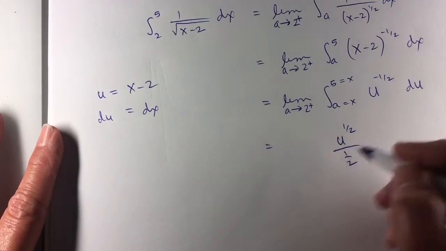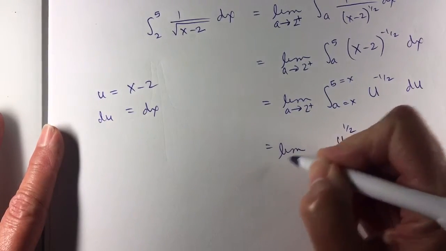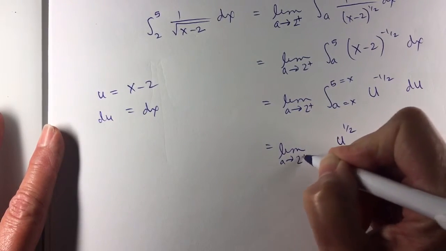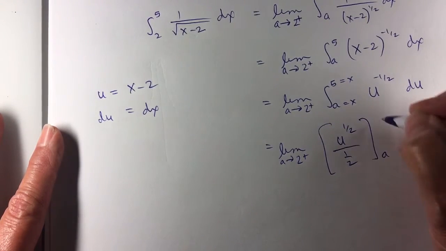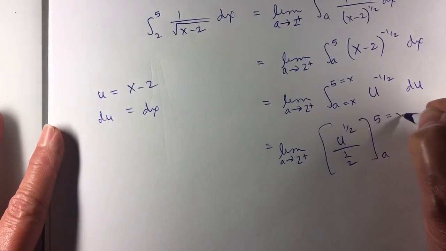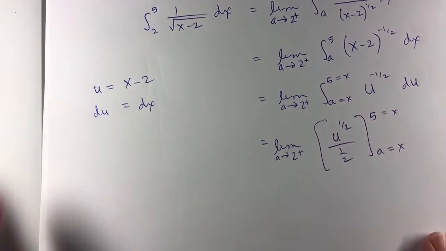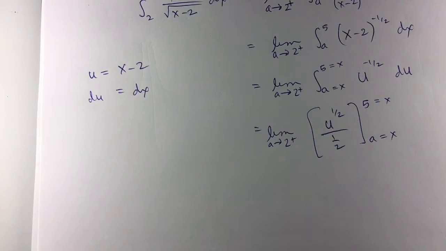Let me throw in this limit as a approaches 2 from the right. And we're going from a to 5. Again, those are values for x. So before I plug in the a and the 5, I have to go back and plug in x minus 2.